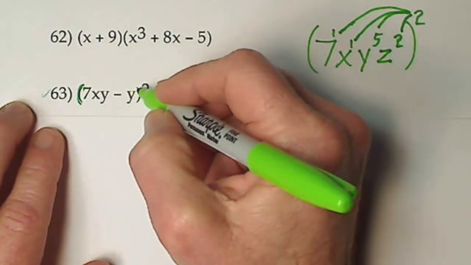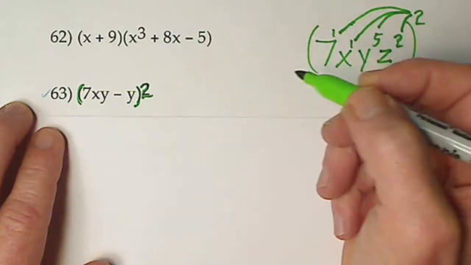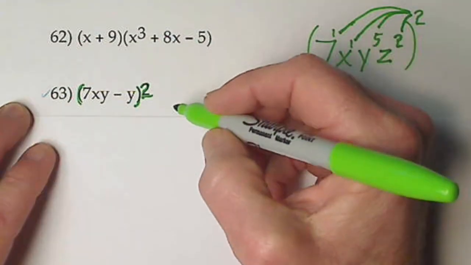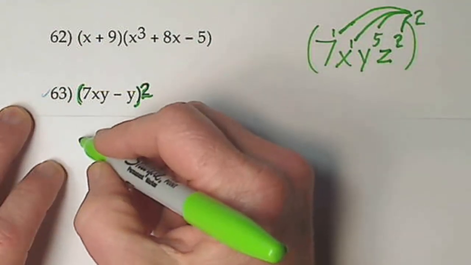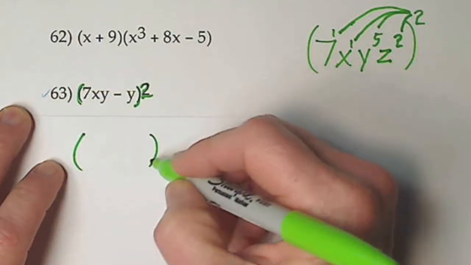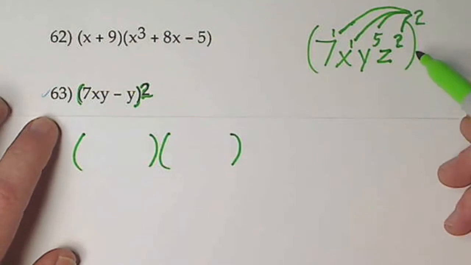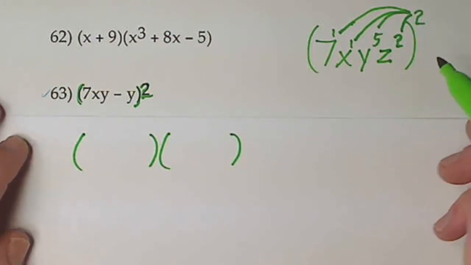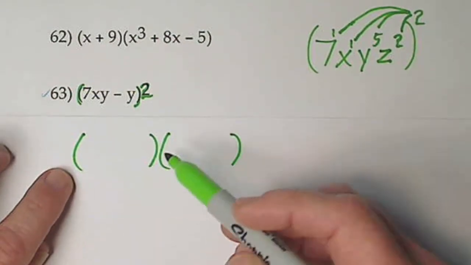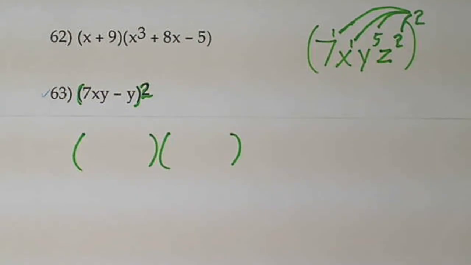You have an exponent touching parentheses. That means that you have 2 sets of parentheses. That's what it means here, but we have a shortcut. Okay? Here, there is not a shortcut until you learn the pattern.